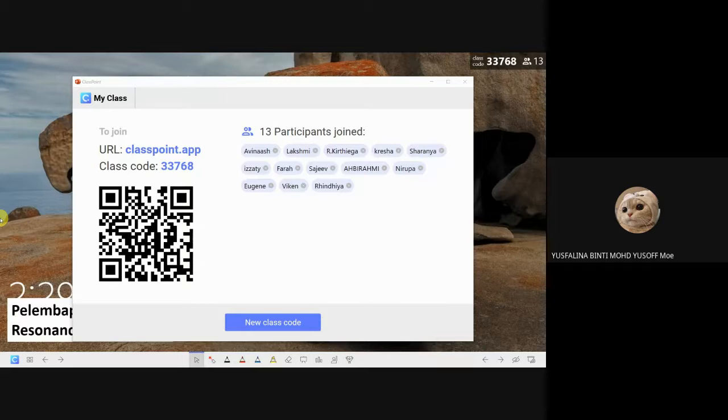Okay, Tava, maybe you can use your phone first, and then later when your laptop is okay, you can use your laptop. Tava, please open the website and key in the code there. So all are already here. It's supposed to be 16. Who else is still not here? Janet, Tava, and another one, who?